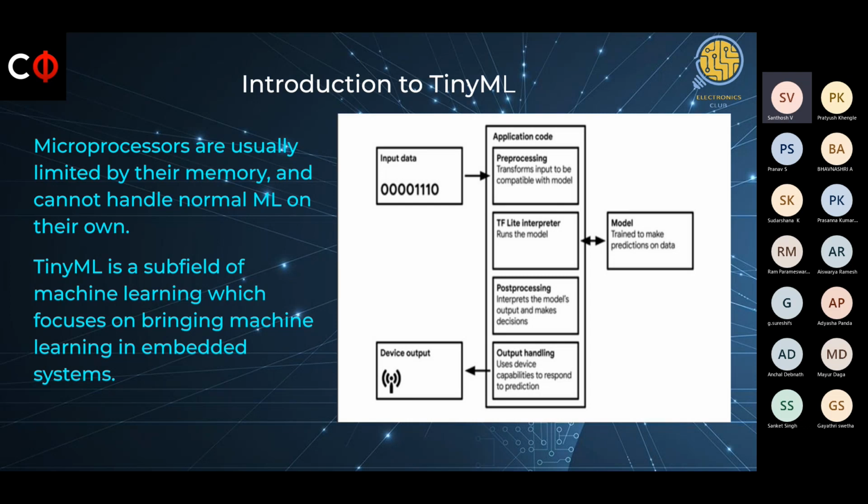TinyML can run ML on microcontrollers and uses special processing so that the code is shrunk down. All the learning part is done earlier, and the final model is uploaded to the microprocessor. So after pre-processing, TensorFlow Lite runs the interpreter, then the model is uploaded into the microprocessor, and it handles the outputs.